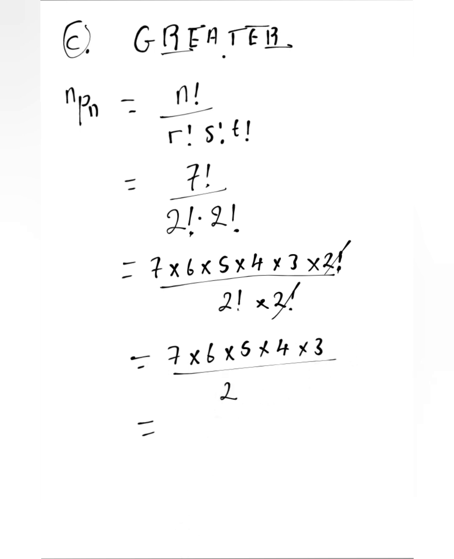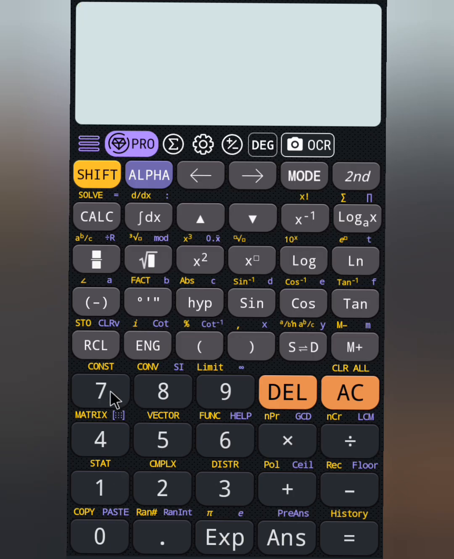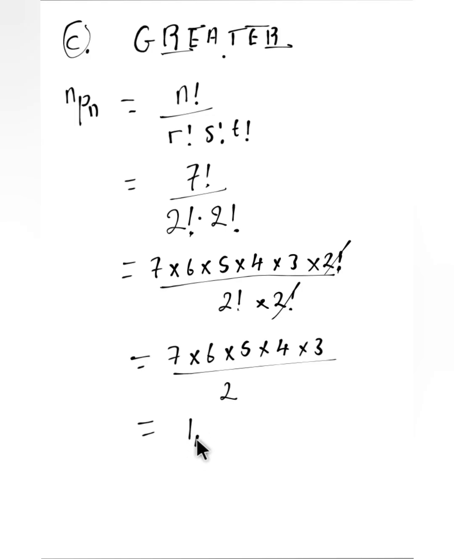That will give us the answer. Or you can just input this expression in your calculator, 7 factorial divided by 2 factorial times 2 factorial. So the answer is 1260 ways. And that is the answer.